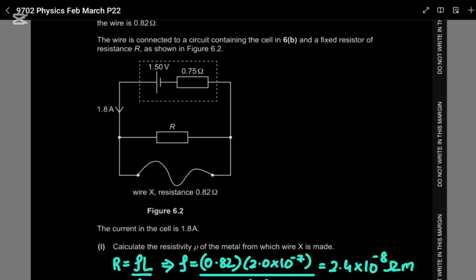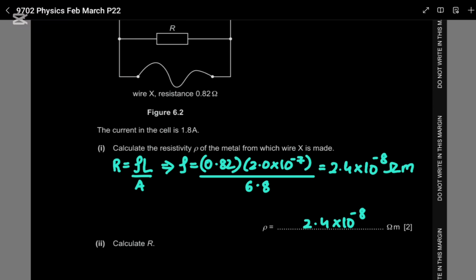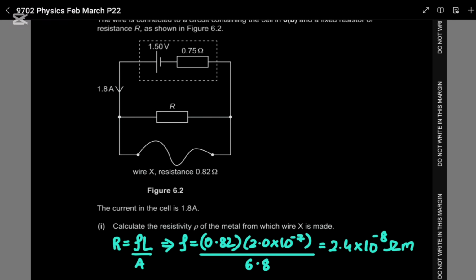But they want us to calculate R, the resistance of the fixed resistor, and we can find the terminal potential difference. But what about the current? The current splits, IR and IX.